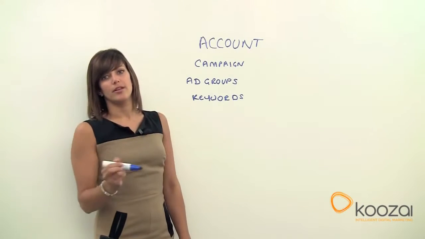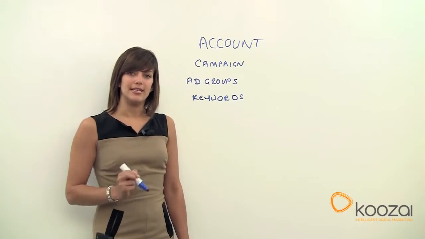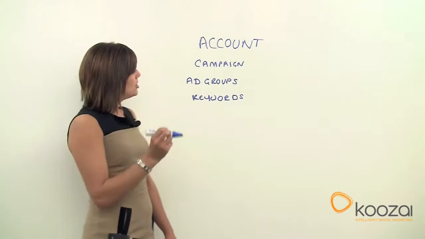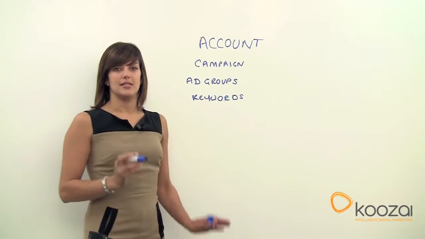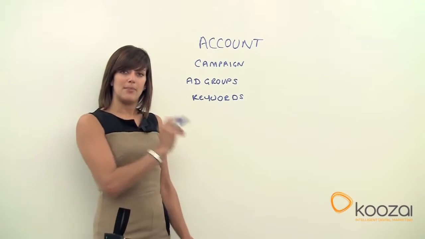If you were to have all of those keywords in one ad group, the ad text that you're going to write is never going to be relevant to all three, four of those chocolate bars. So what you're aiming to do is select keywords that are really closely themed with each other and place them within a group.